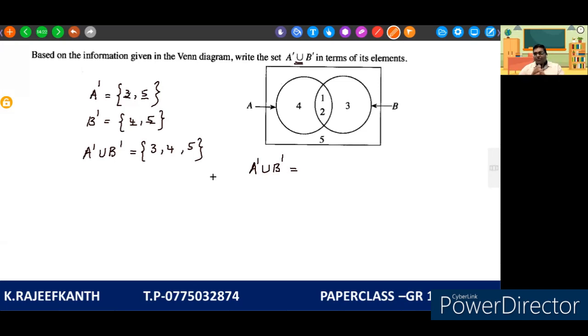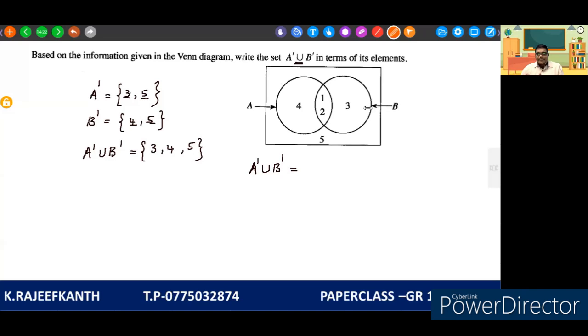If it is intersection, that means A dash intersection B dash, we can't take 3 and 4. We can take only 5 because 5 is the common element for A dash and B dash. But here the question is A dash union B dash. So you have to get all the elements of those two sets, A dash and B dash. Then we have to write 3, 4 and 5, right?